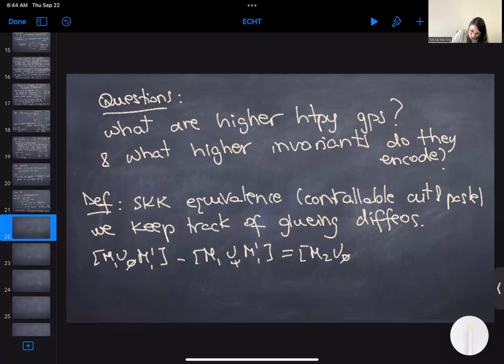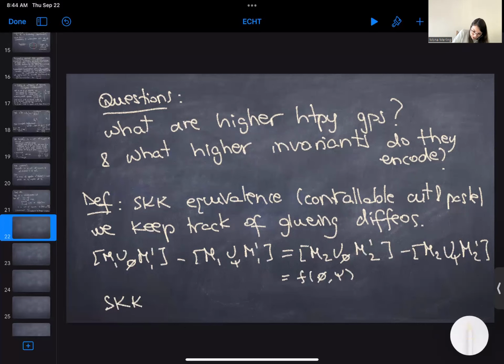It's just equal to the following: if I have any other two manifolds, M2 and M2 prime, that have the same boundary as M1 and M1 prime, and they're glued according to the same diffeomorphism, then I just want these two things to be equal. Basically, I want this to be a function of just the gluing diffeomorphisms and not depend on the manifolds.